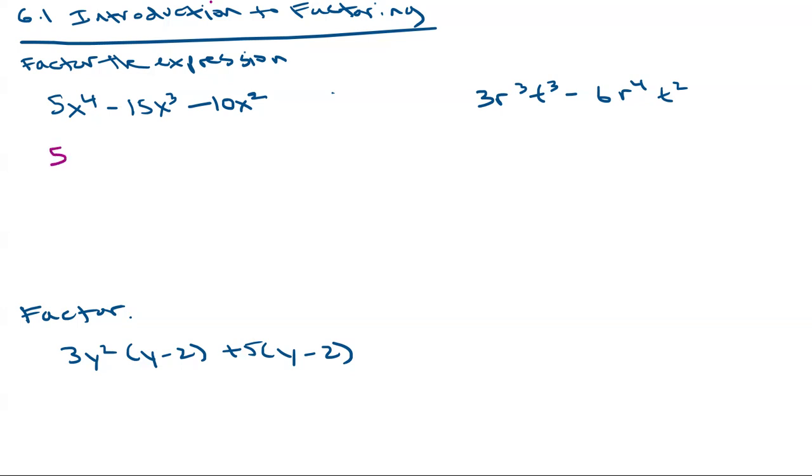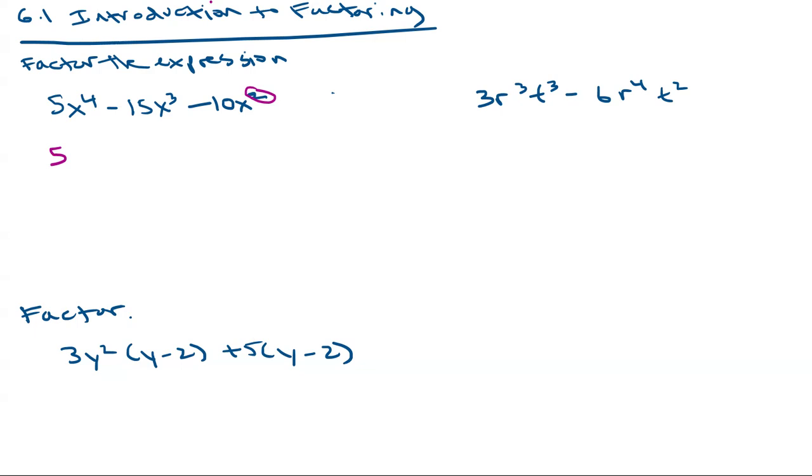Now let's look at the x's. Which is the greatest common factor between the x terms? X squared, right? So basically, a lot of times you look for the lowest power exponent. And that would most likely be the greatest common factor between them.